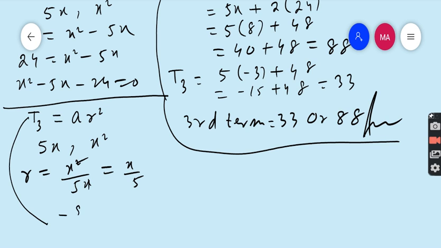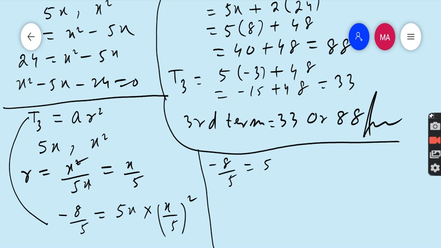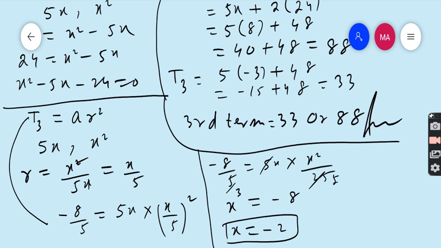T3 is minus 8 upon 5, equal to a is 5x, and r square, r we found is x upon 5, squared. Now simplify it. That is x square upon 5 square, which is 25. 5 5s are 25, and this 5 cancels by this 5. So x square into x is x cube, equal to minus 8. Taking the cube root of minus 8 is minus 2.